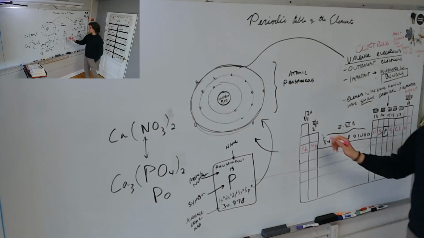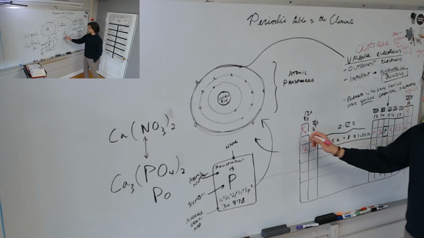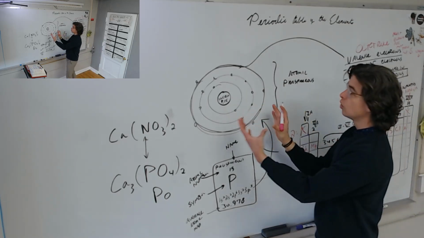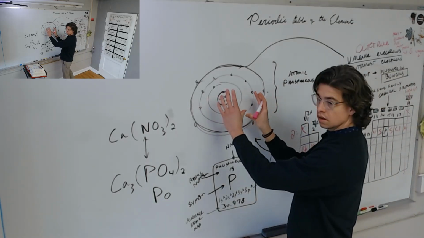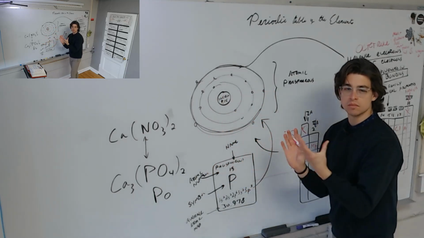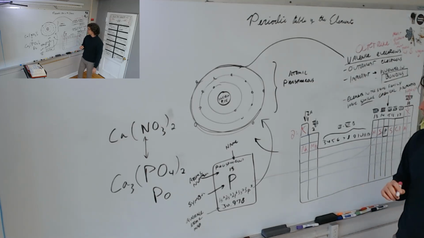The exceptions are hydrogen and helium, which are actually stable with 2, because there are only 2 valence electrons. Basically, the rule is a full shell, a full orbital of valence electrons, is the most stable configuration. That's why they bond and rebond. We'll talk about that in the next chapter.